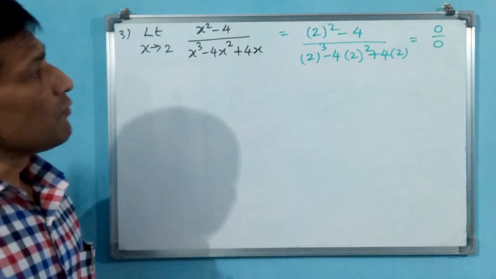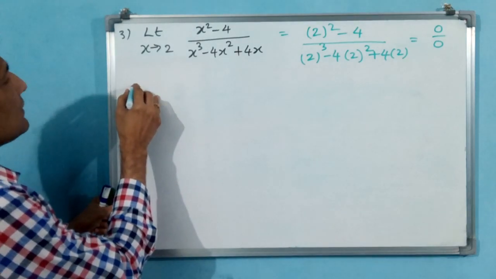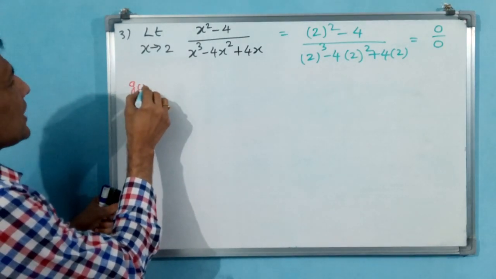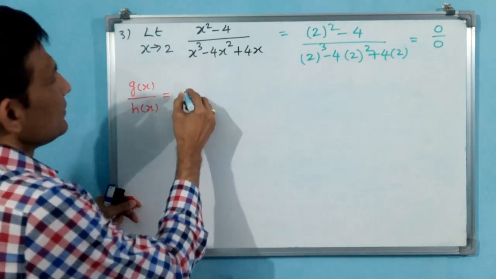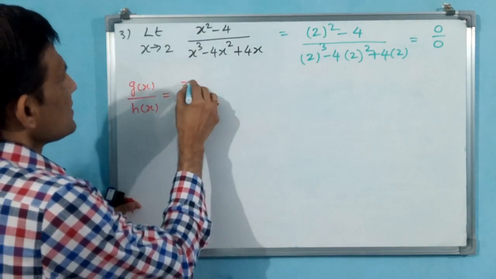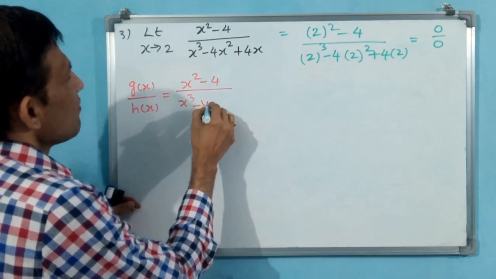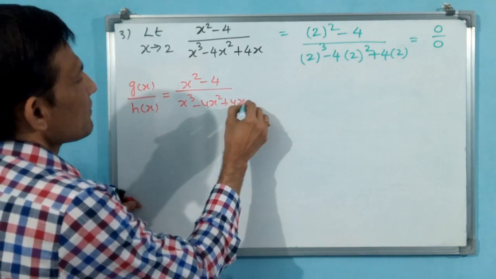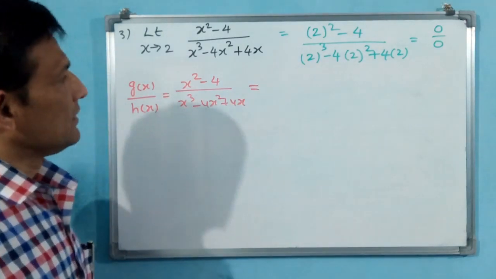Like earlier, we will make this g(x) by h(x). g(x) by h(x) is equal to x square minus 4 by x cube minus 4x square plus 4x. One or two steps we will omit.